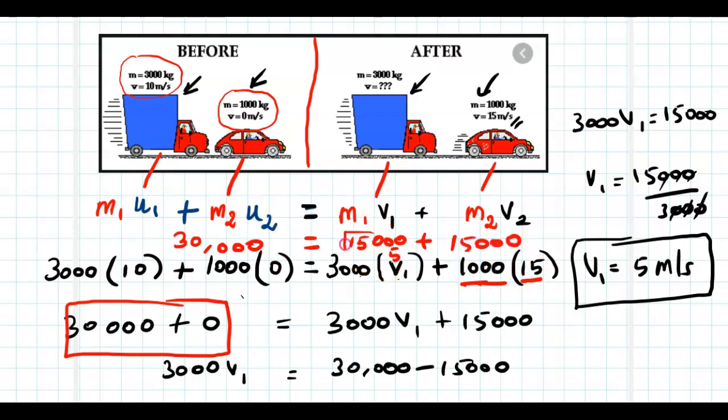Now you can see here 15,000, 15,000 is 30,000. The other side is also 30,000. This is the reason we say conservation of momentum. That means the momentum is conserved, it will not change, before collision and after collision will be the same. The total value will be the same. Okay, is this clear?